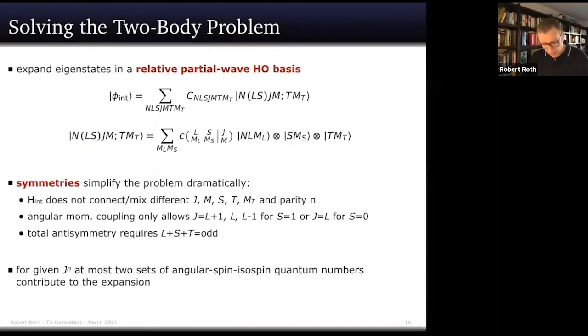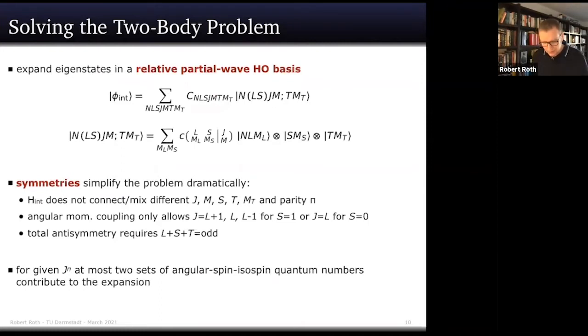It does not connect, in our slang, different J, M, S, T, M_T, and parities. So that means in this huge superposition here, many of the sums can be eliminated from the beginning because you know that the corresponding coefficients are all zero because the Hamiltonian doesn't address them. It doesn't mix in these configurations.